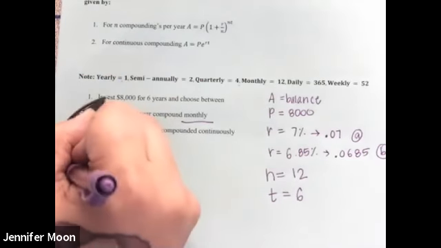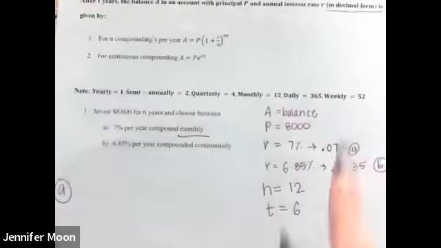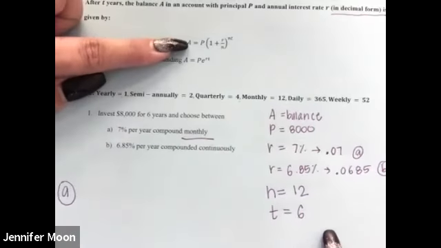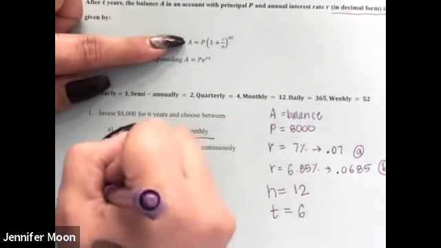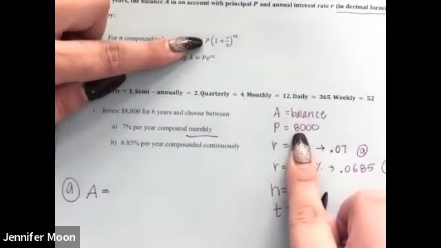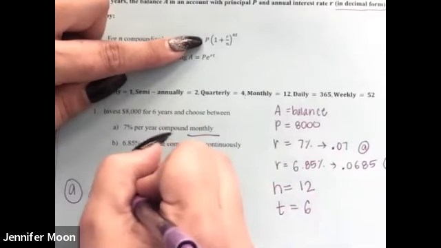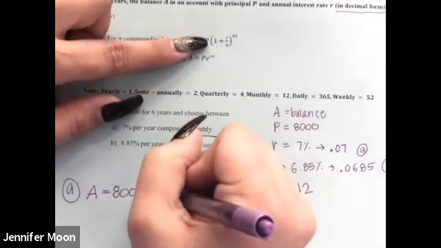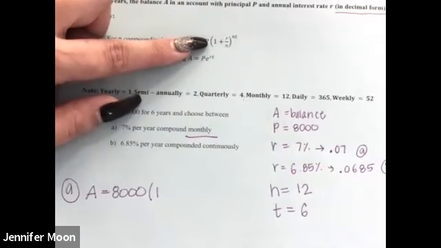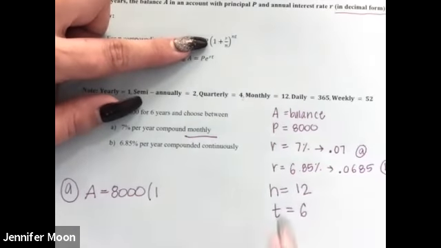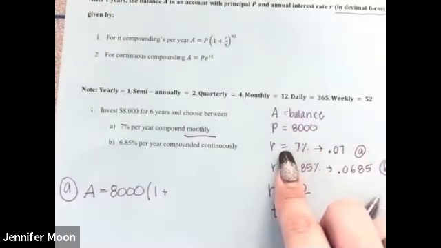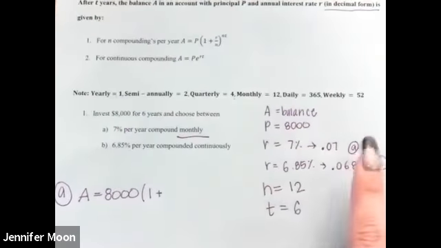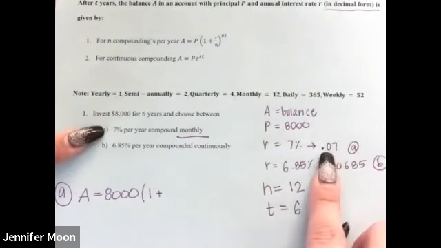So let me do A, taking what I need from it. I've got A. My A is my balance. That's what I'm trying to find, y'all, right? That's my unknown. Equals P is 8,000. And then open parentheses, that's the number 1. Every single time you do it, that's going to be the number 1, okay? Plus my R, and it's in decimal form. I'm going to use A right here, right? Then that's 0.07.